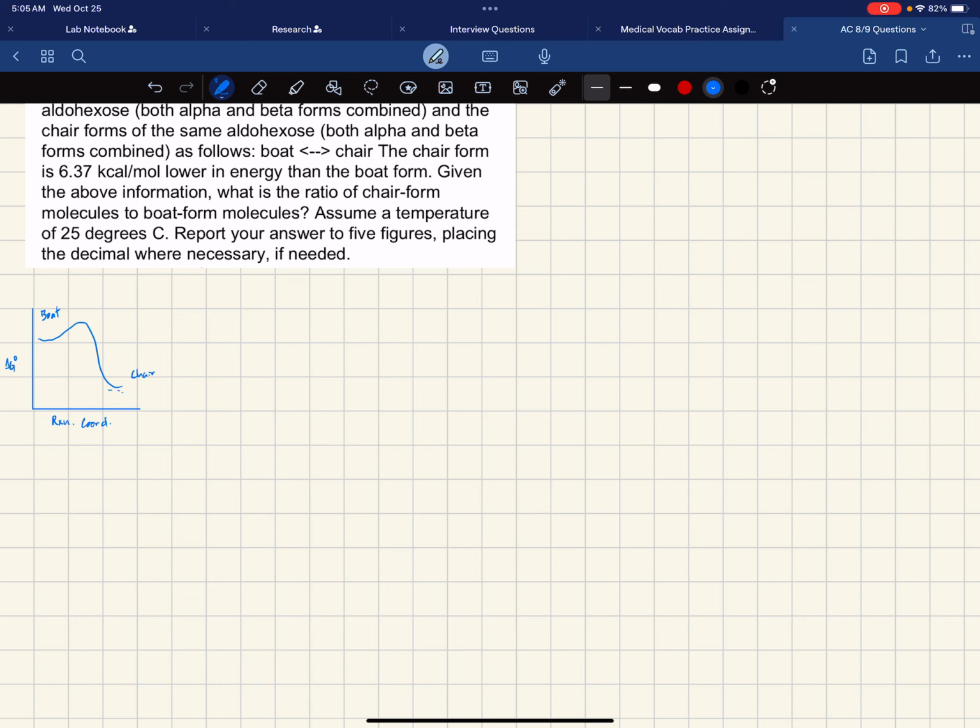And so between these values, my delta G is negative 6.37 kcal per mole.